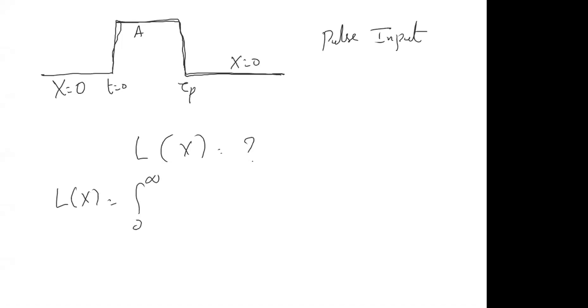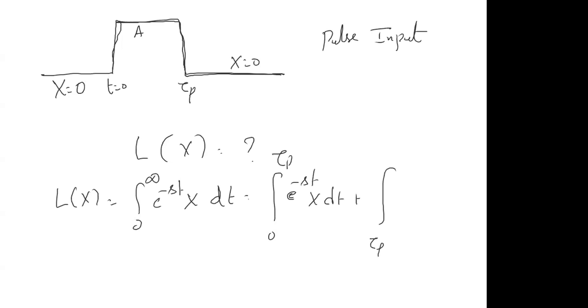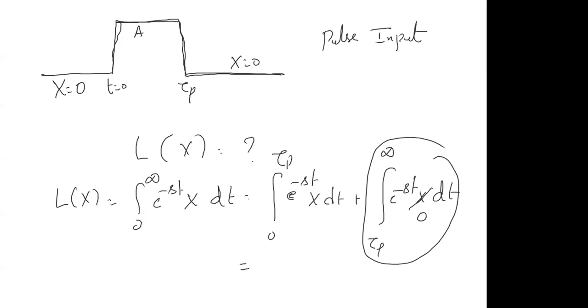Integral 0 to infinity e power minus st into x into dt. I'll split this into two parts: integral 0 to tau p of e power minus st into x into dt, plus integral tau p to infinity, where x is 0.